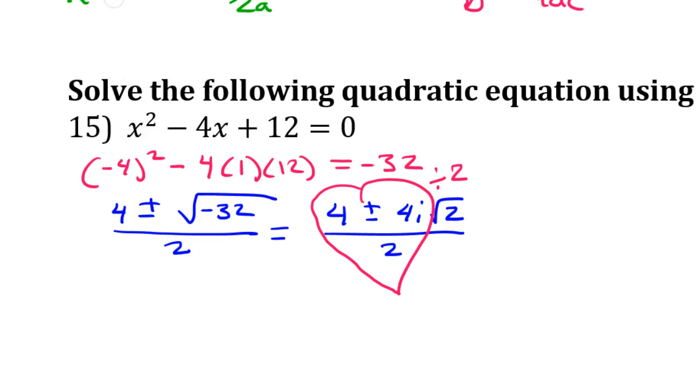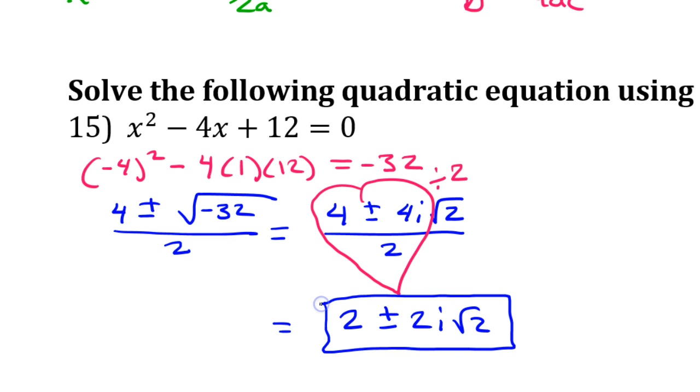If I do that, then I'm going to wind up with 2 plus or minus 2i radical 2. I could have put over 1, but you don't do that. You're going to lose a point for not simplifying. So this is the final answer for number 15.